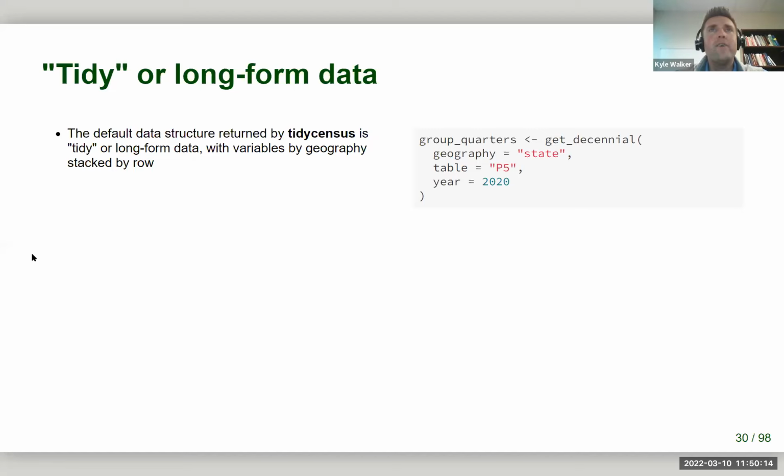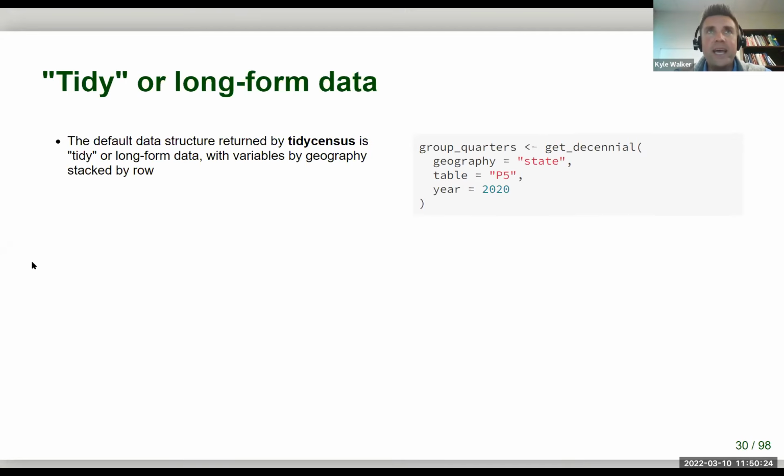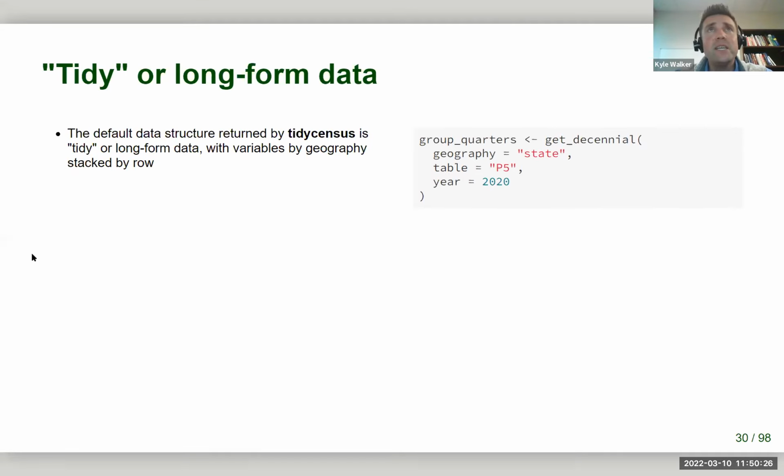So by default, part of the reason it's named Tidycensus is it's designed to return data in a format that works well with tidyverse tools. And the format that is typically used for tidyverse analyses, which you will be working on in hours 2 and 3 of this workshop, is long form, where you basically have data in which census variables are going to form geographic unit variable combinations that are represented in each row.